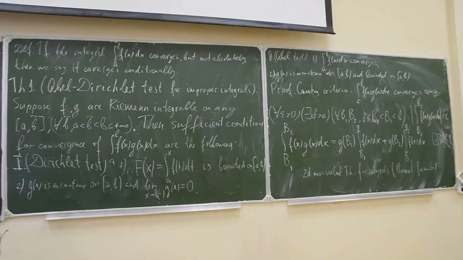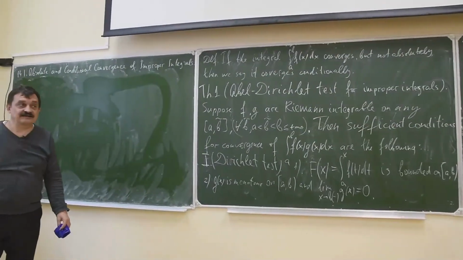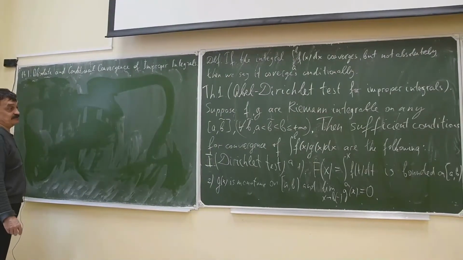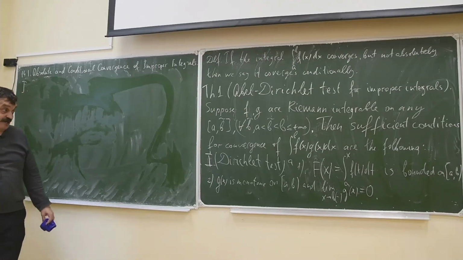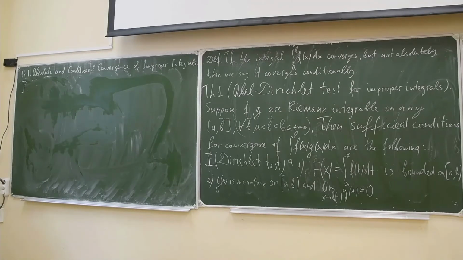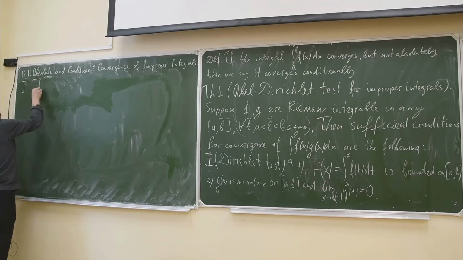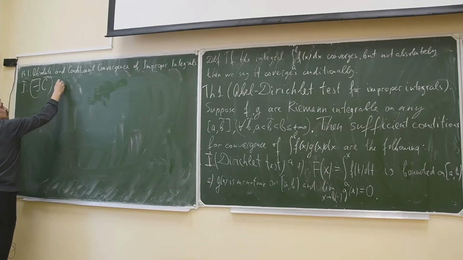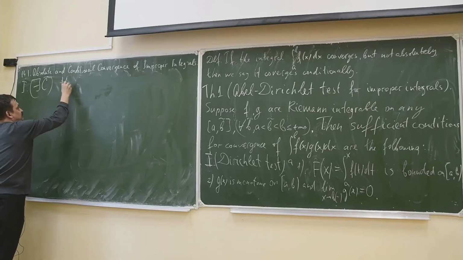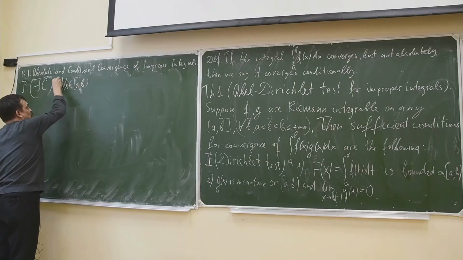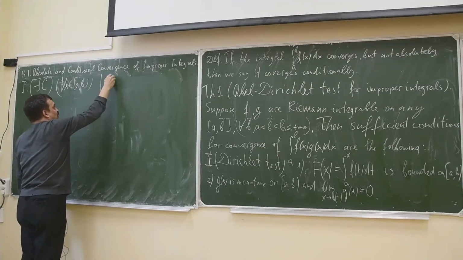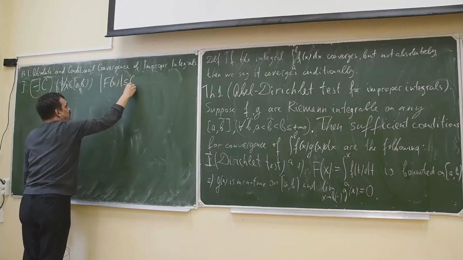Of course they're analogous, but let us proceed separately. So first, Dirichlet. Capital F is bounded. Let me write it. There exists a constant C such that for all x from a to b, we have capital F of x less than or equal to C.